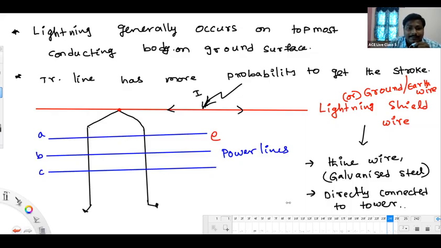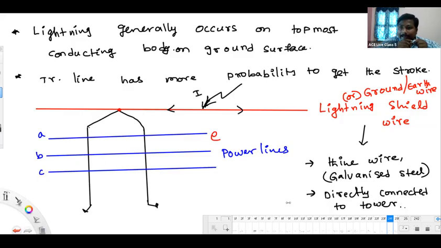Indirect. Direct means what? Direct means if the lightning is directly attacked on the power line, that's a direct voltage. But if the lightning attacked on some other body, creating an over voltage in the power conductor, it is called indirect.